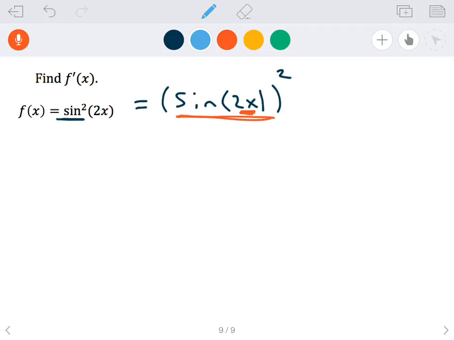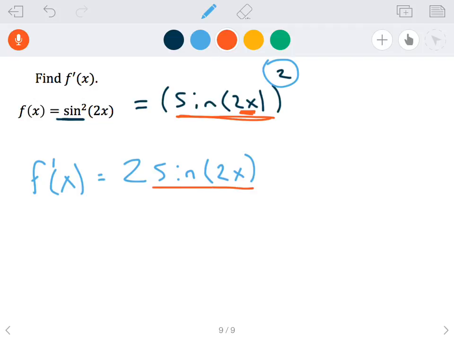So I'm going to start on the outside and work my way in. First, I'm going to deal with this function. So f prime of x is equal to 2 times the sine of 2x. But then I have to take the derivative of that, which is the cosine of 2x.